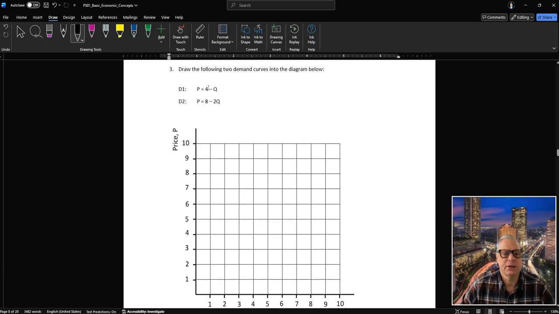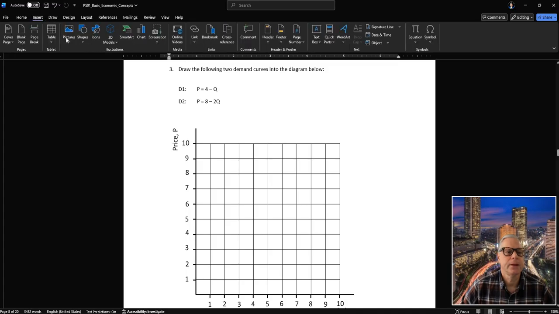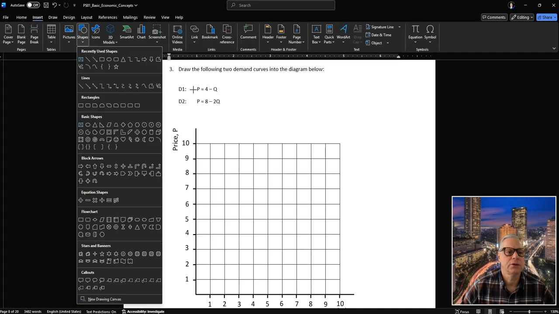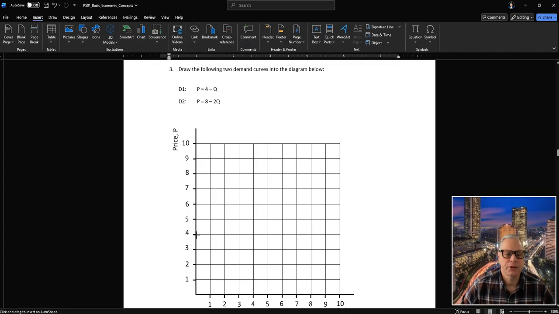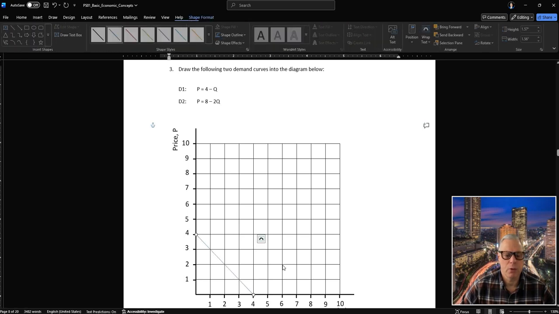Okay, so we have again 4 minus Q and 8 minus 2Q. So let's draw these as well. Insert shapes. 4 minus Q starts at 4, slope -1.